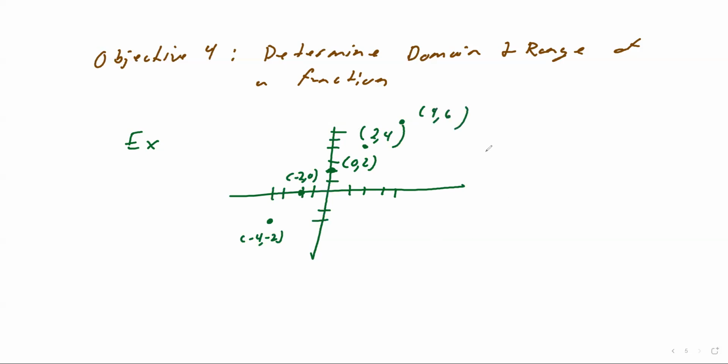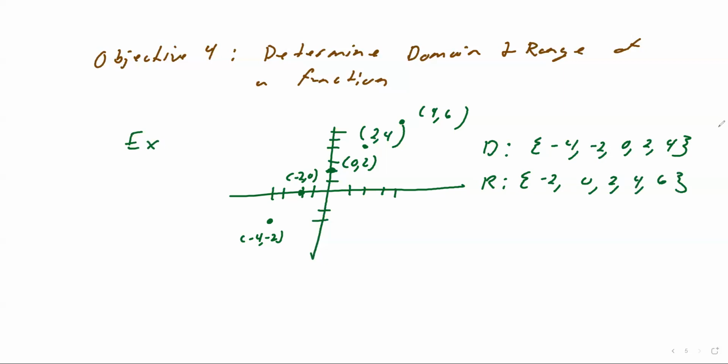If you were asked to write the domain of this, just like earlier in the other day's lecture, I'm just going to write all the x values from least to greatest. So it'll be -4, -2, 0, 2, and 4. And then do the range, same concept. I'm going to do all the y values in least to greatest. So again, that would be -2, 0, 2, 4, and 6. And that's pretty much all you would have to do in that situation.